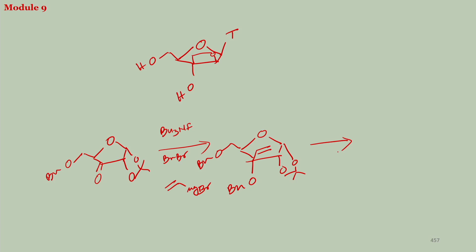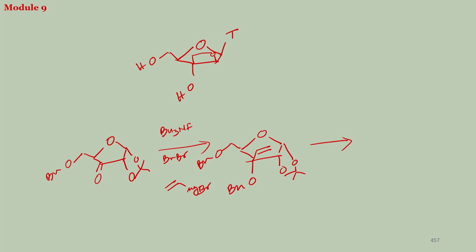And now what you have to do, if this is your target, you need one CH2, here you have 2 CH2. So, you need one CH2 basically here and one CH2OH, that is what you need in this position. So, you have to hydrolyze it, or reduce it into the CH2OH.